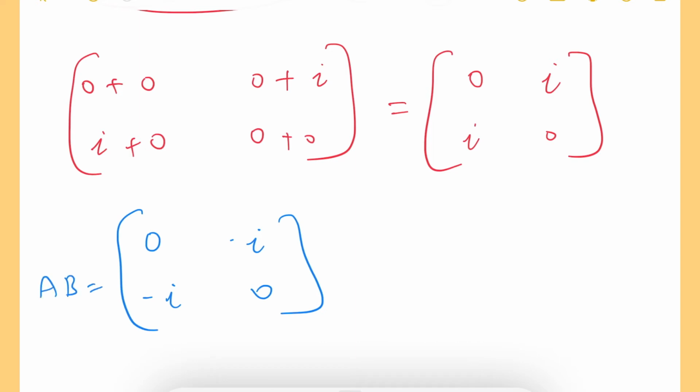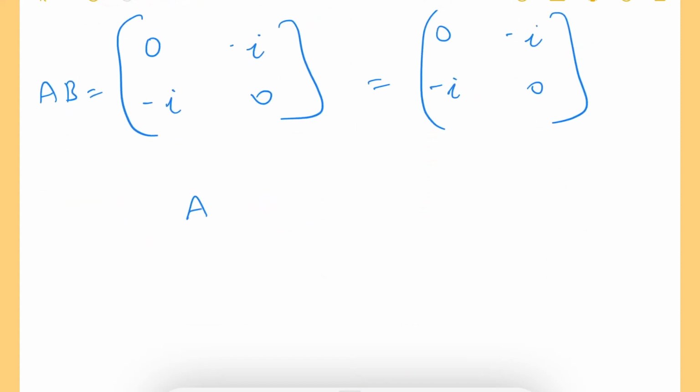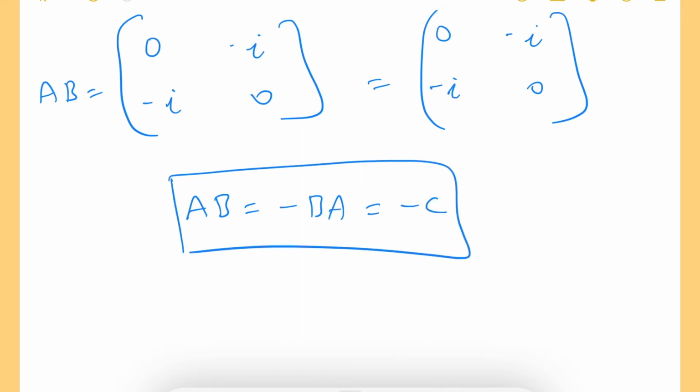Now the BA value we got as 0 I 0. So if we multiply with a negative symbol, we get 0 minus I 0. So from all these we can conclude that AB is equal to minus BA, which is equal to minus C.